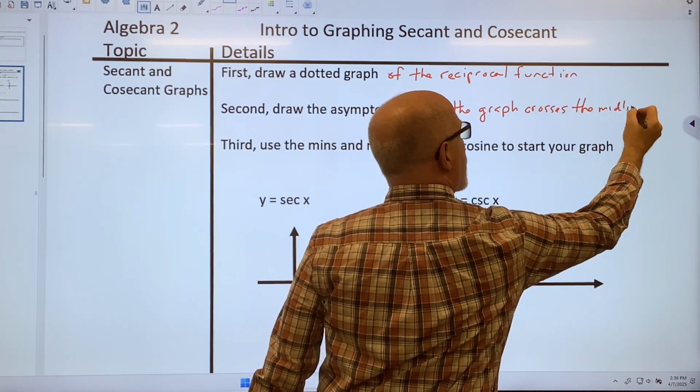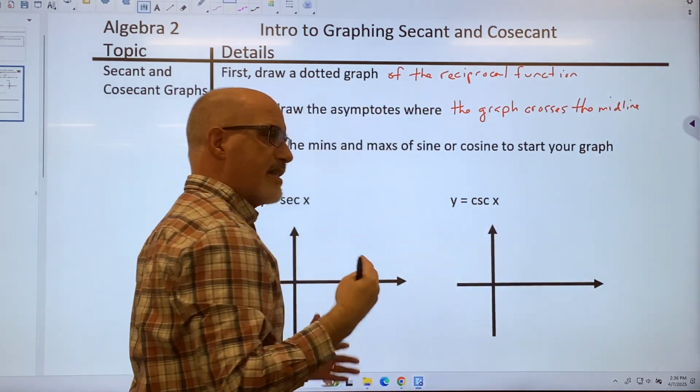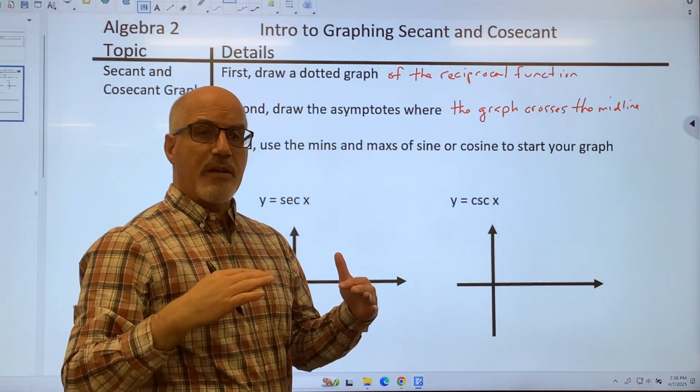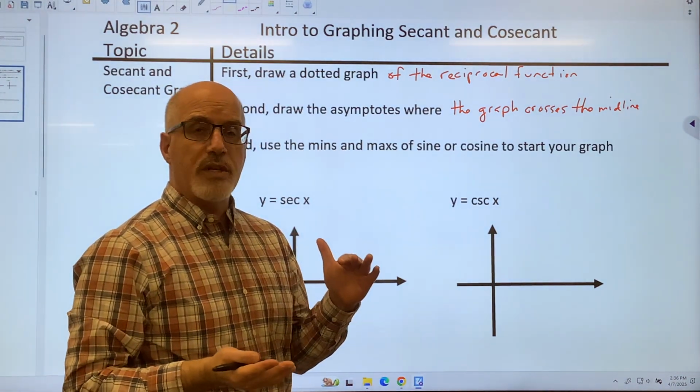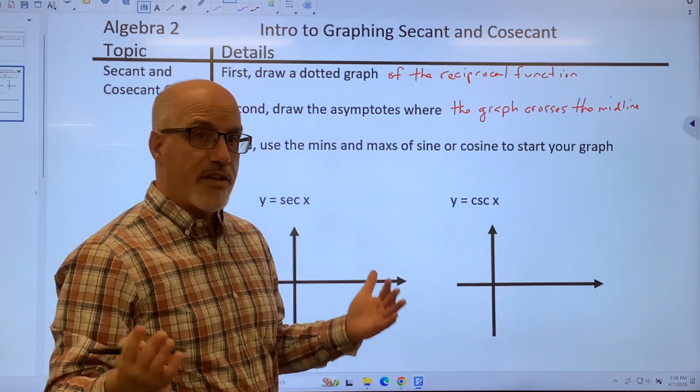That idea is where it crosses the midline. If you think of that as the zero value, that midline, if you take the reciprocal of that, that's going to be an asymptote because that's undefined.